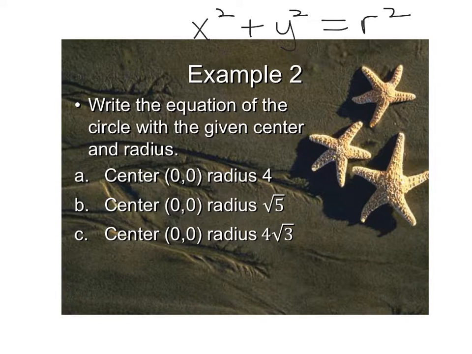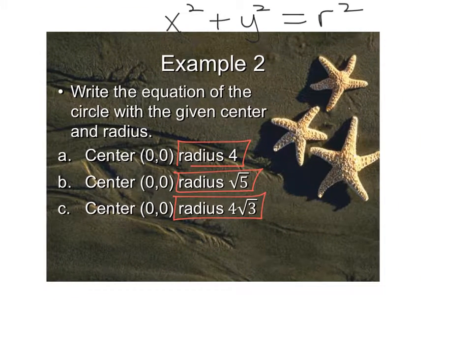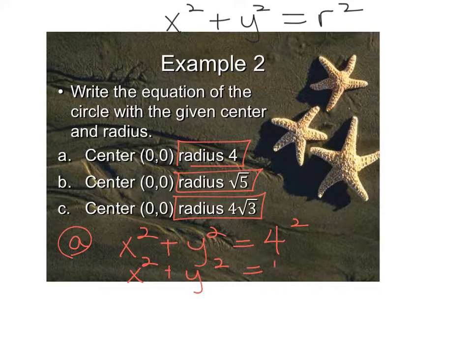So basically all we need to do is square all of these numbers because the x squared and the y squared stay. So for example, on part A, I'm starting out with my x squared plus y squared, and then I'm going to put equals 4 squared. I have to simplify that and turn that into x squared plus y squared equals 16.